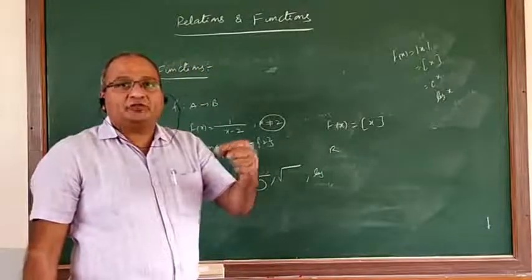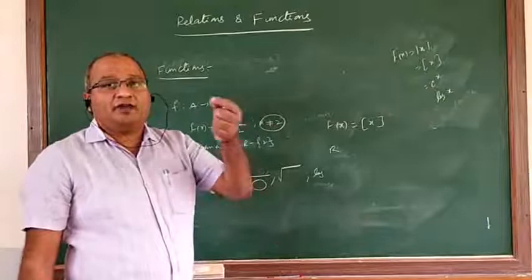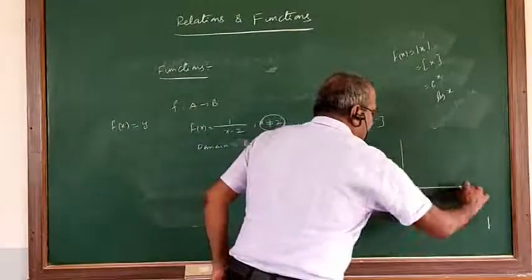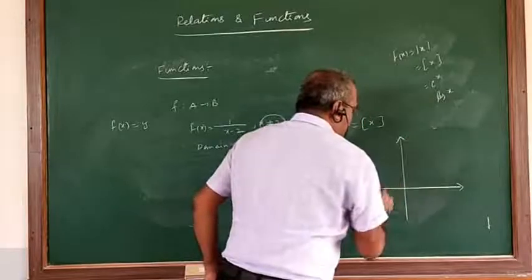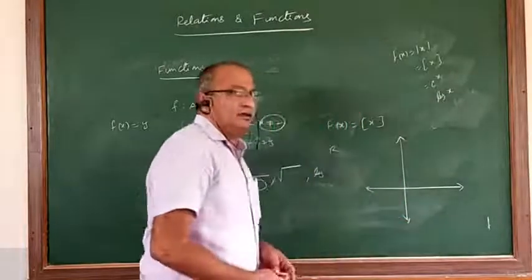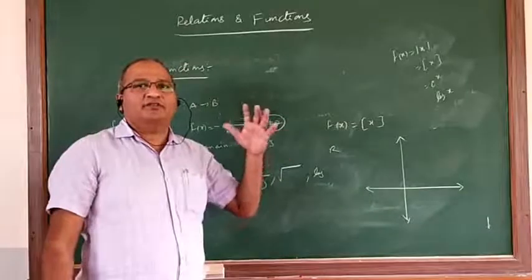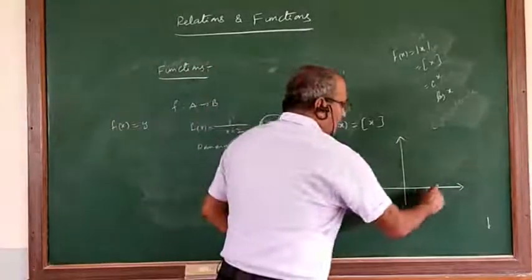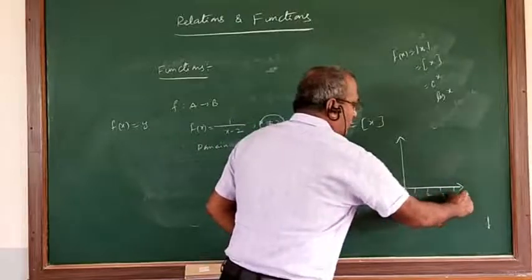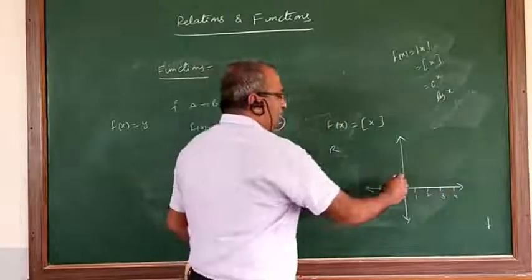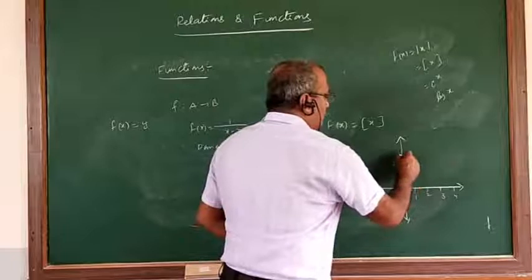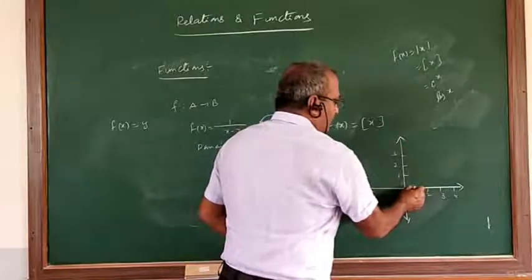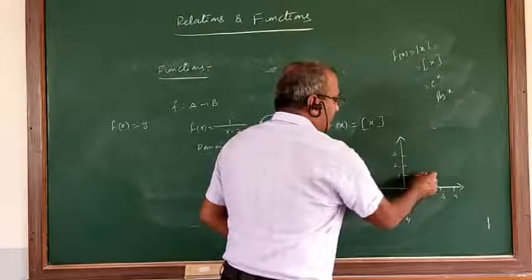After substituting the x values in R, what y values will come? That's why in first year you have the graph for that. So the graph is very important in finding domain and range, but not all the time, only sometimes. You take 1, 2, 3, 4, and the y values 1, 2, 3. This is the graph.